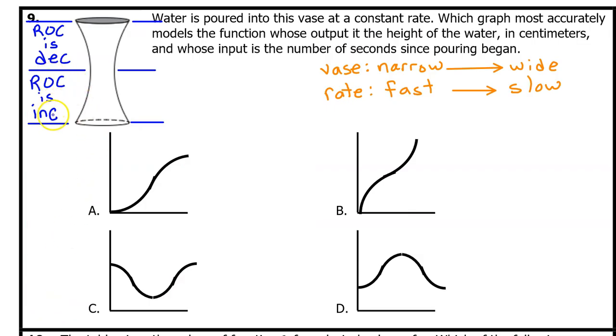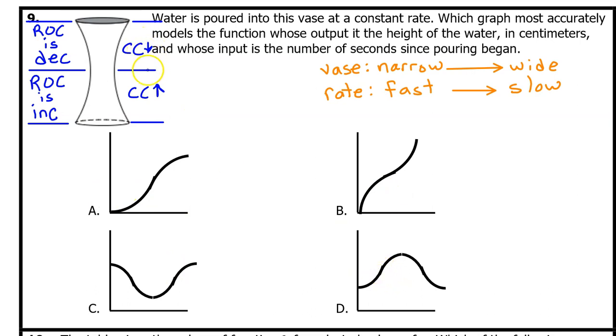So in the first interval, where the rate of change is increasing, the graph of the function should be concave up. And in the second interval, where the rate of change is decreasing, the graph of the function should be concave down. So that will help us pick which one of these answers is correct.